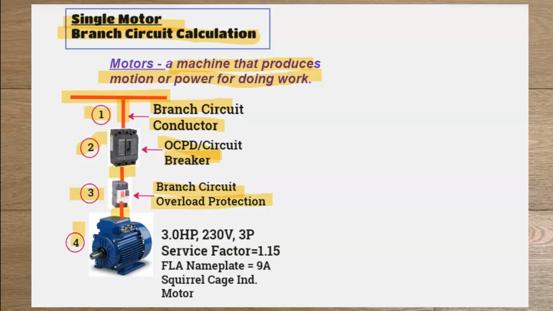And then itong number 4 is ito yung ating motor na load, that is 3 HP, 230 volts, 3 phase. And then meron siyang service factor na 1.15. And then yung full load ampere niya sa nameplate, meron siyang 9 amperes. And then squirrel cage induction motor.